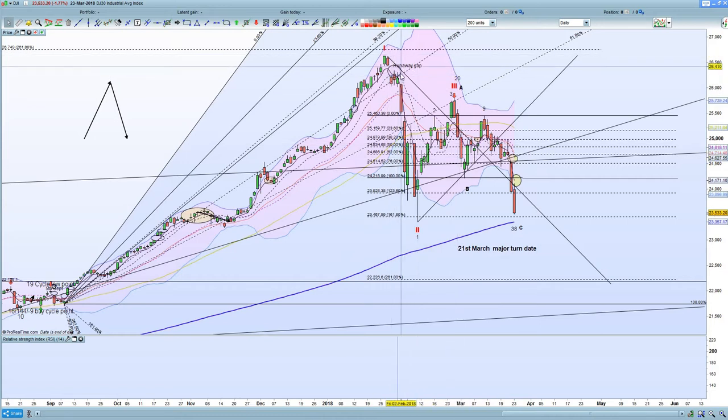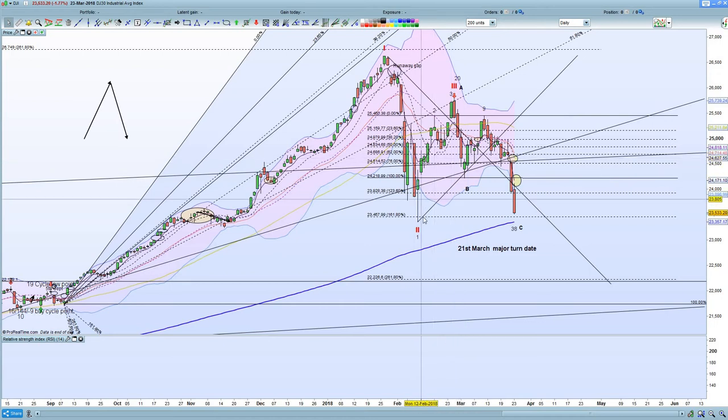Gann would often note that when a major top is in place, which I believe this is, and we get these violent volatile swing moves, if we start to put in angles of 45, so obviously from here, from the top down, this is a 45 angle, and from the first major swing low, we have a 45 angle.